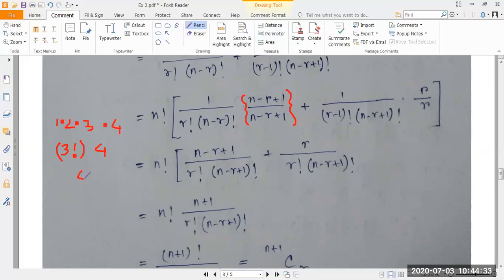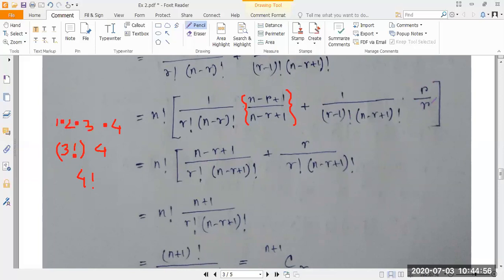So that naturally becomes 4 factorial. So when you multiply a factorial term with its next term, then you essentially have the factorial of the next term. So if I multiply (n−r) into its next term, (n−r+1), I'll have (n−r+1) factorial. And I keep the numerator as (n−r+1), no adjustments there.